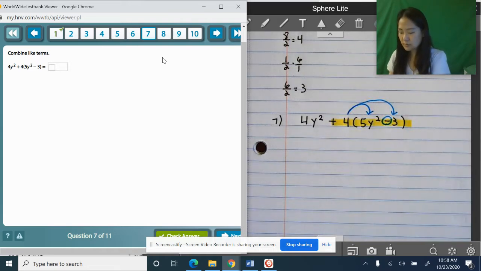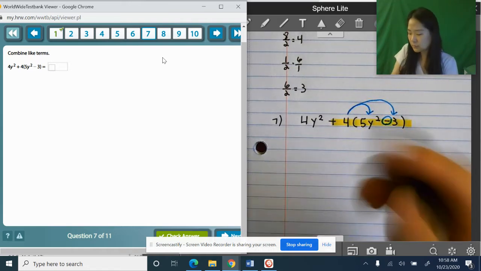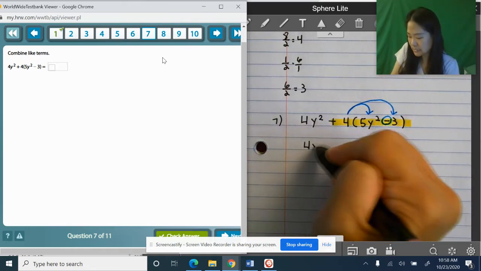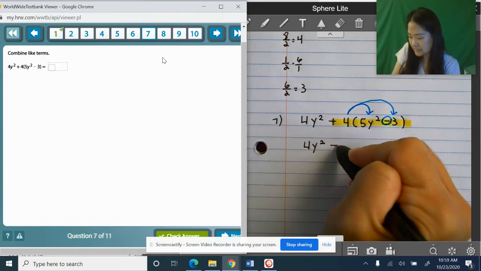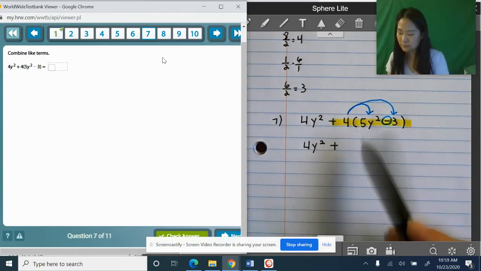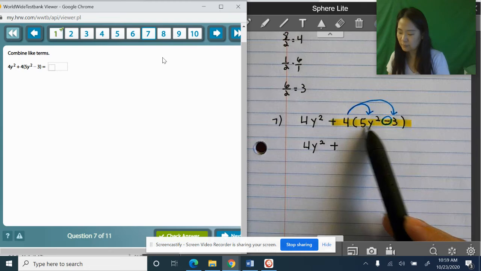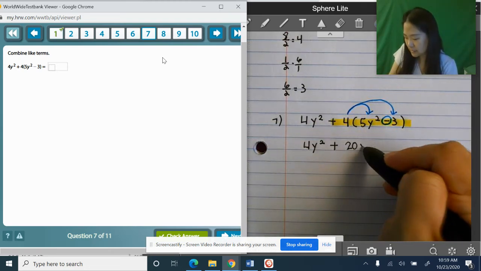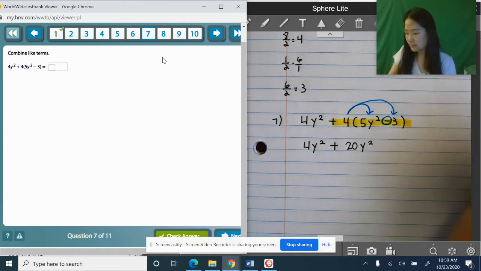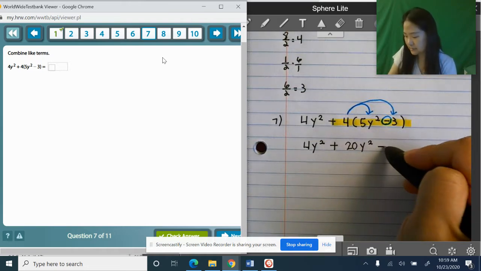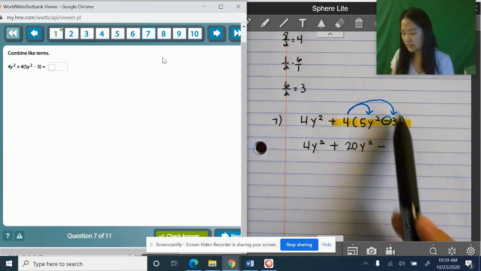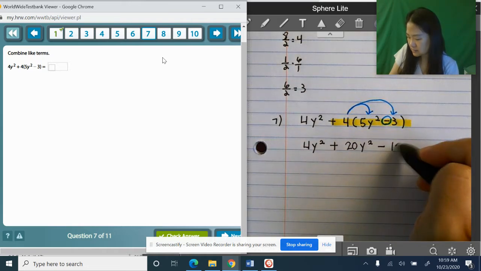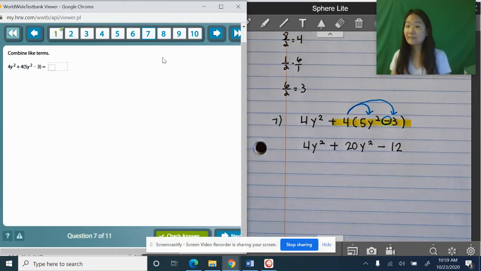So what I'm going to do is bring down the 4y to the second power just straight down, plus, now I'm going to do 4 times 5y to the second power is 20y to the second power. Bring down the minus sign, and then 4 times 3 is 12.